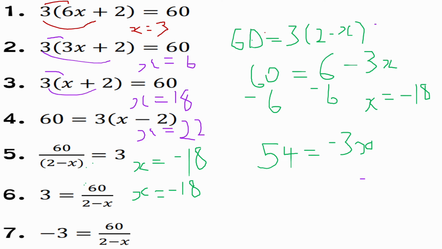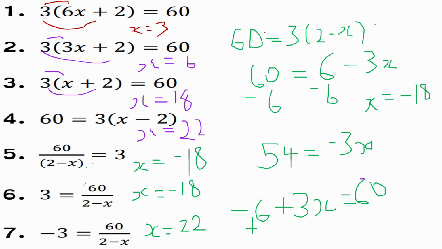Let's just try that. Expanding the bracket, I'm going to get minus 6 plus 3x. I think I made a mistake here when I was trying to make a general conclusion. So 3x is equal to 66, x is equal to 22. Which sounds right to me because 2 take away 22 is minus 20. 60 divided by negative 20 is negative 3.